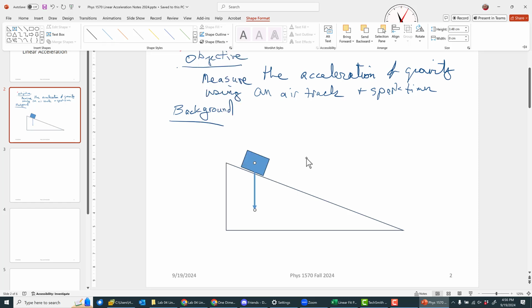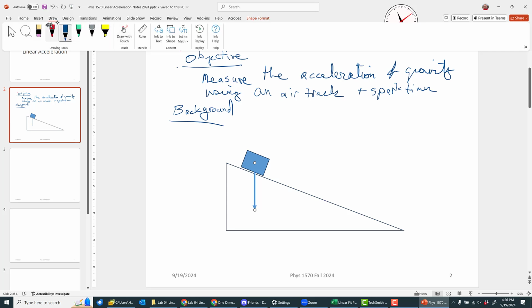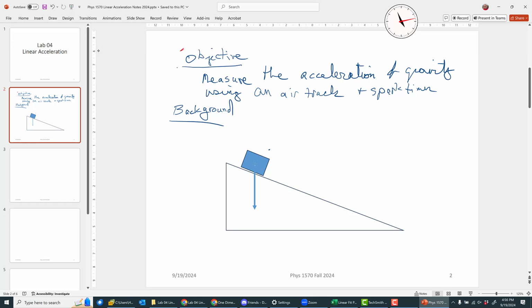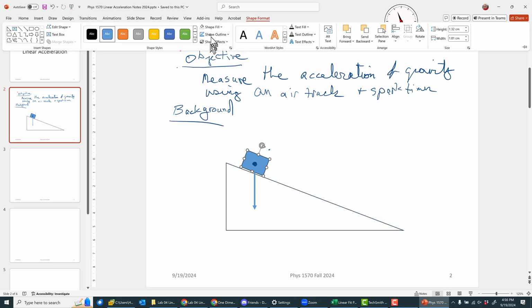And so we would have a vector, and let's say it comes from the center there. I guess we have to get rid of no fill in that shape also.